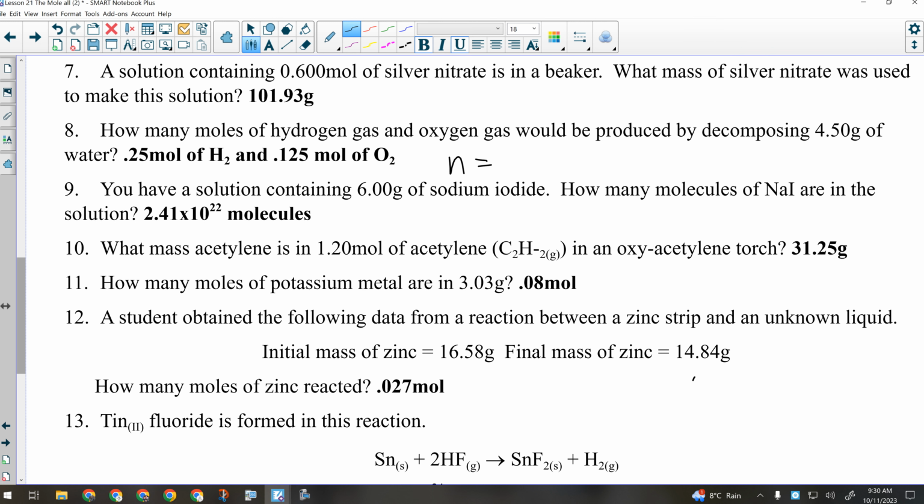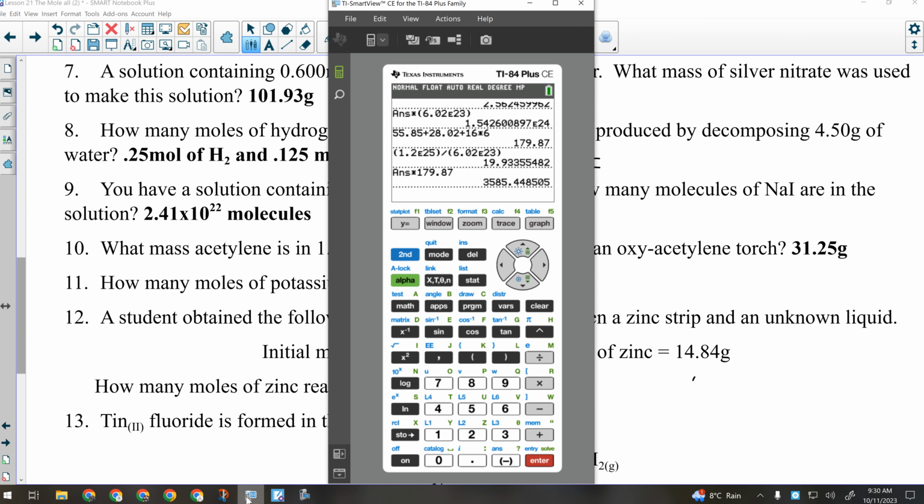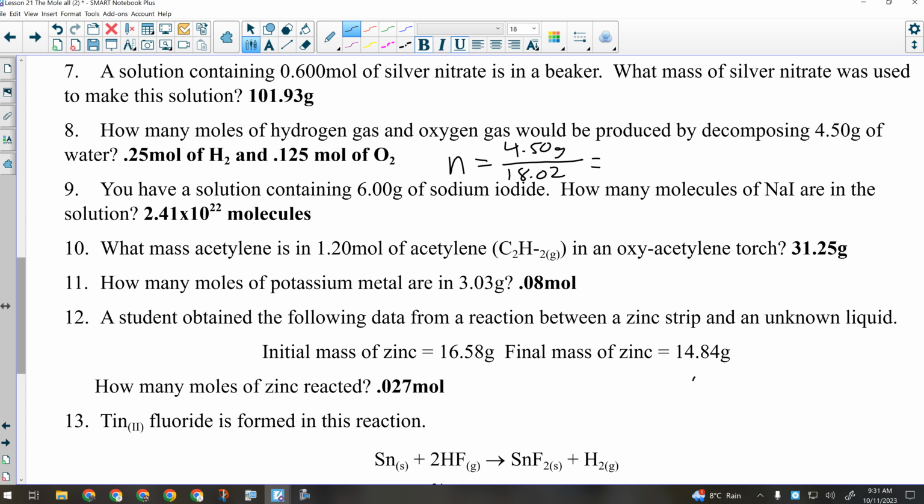I want to figure out the number of moles of water by taking the 4.5 grams of water and dividing it by the molar mass of water, 18.02. So 4.5 divided by 18.02 gives me 0.25 moles. Everybody all right with that? So I've got 0.25 moles of water in this reaction.